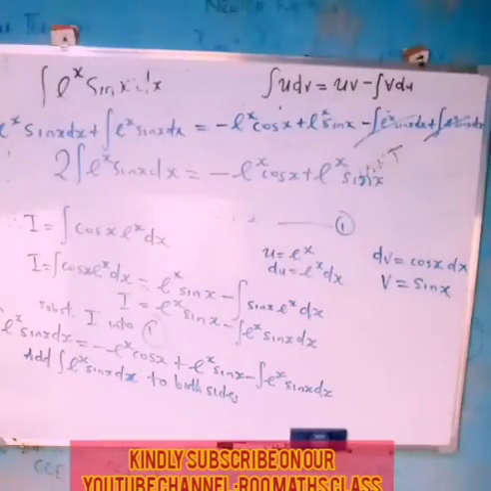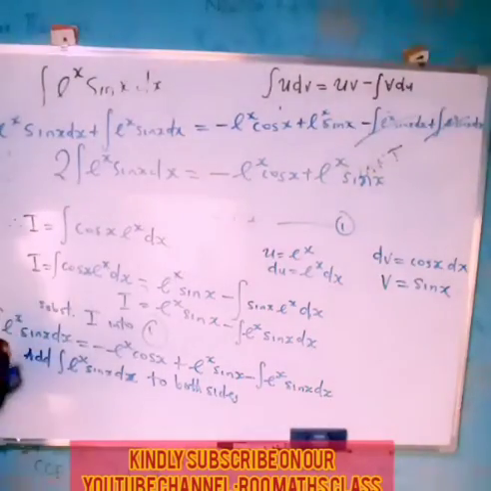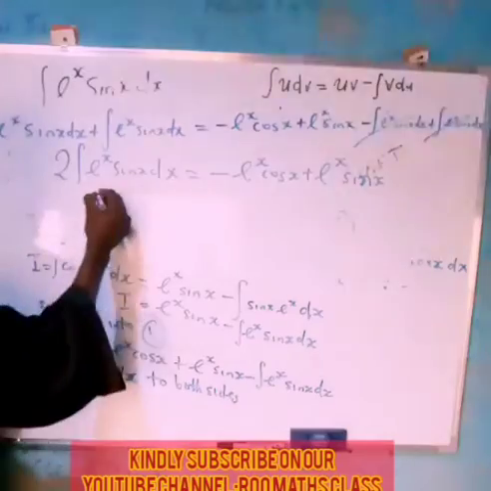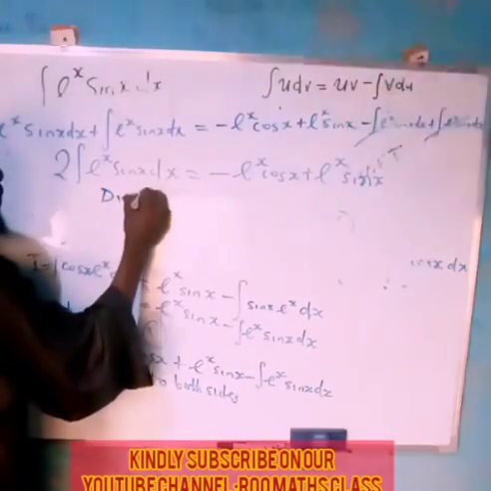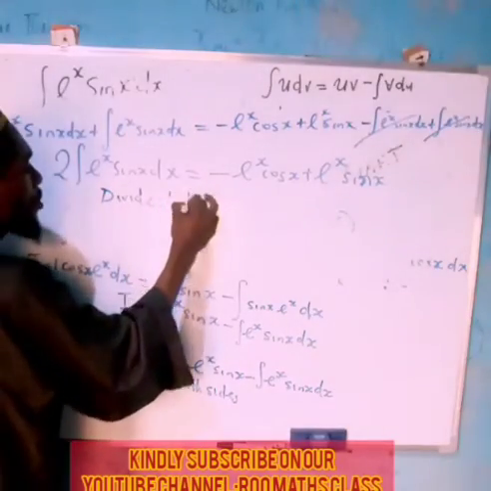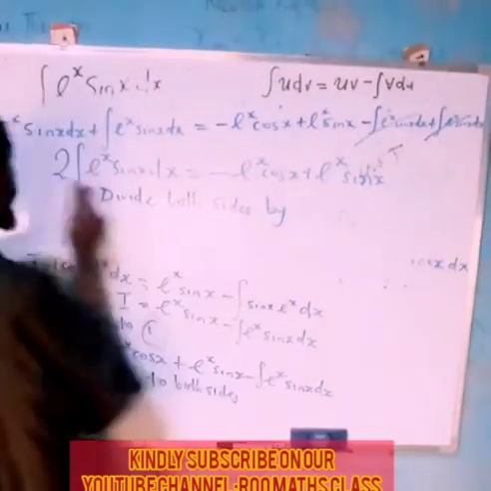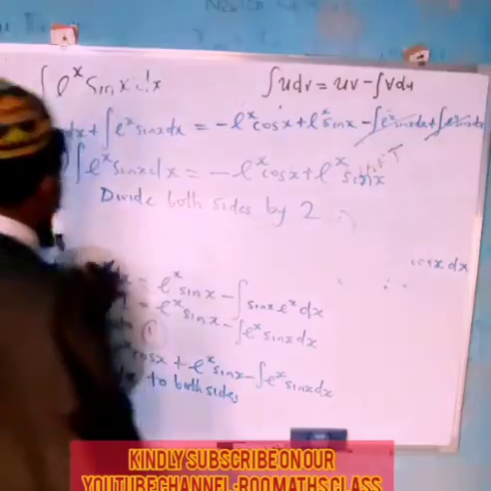You can see we have almost arrived at our final answer. What we are going to do next is divide both sides by 2.